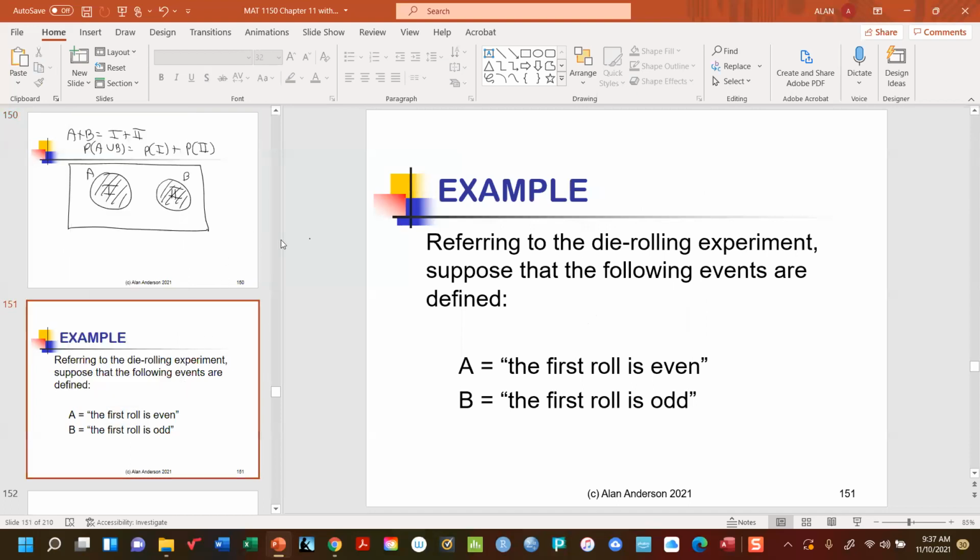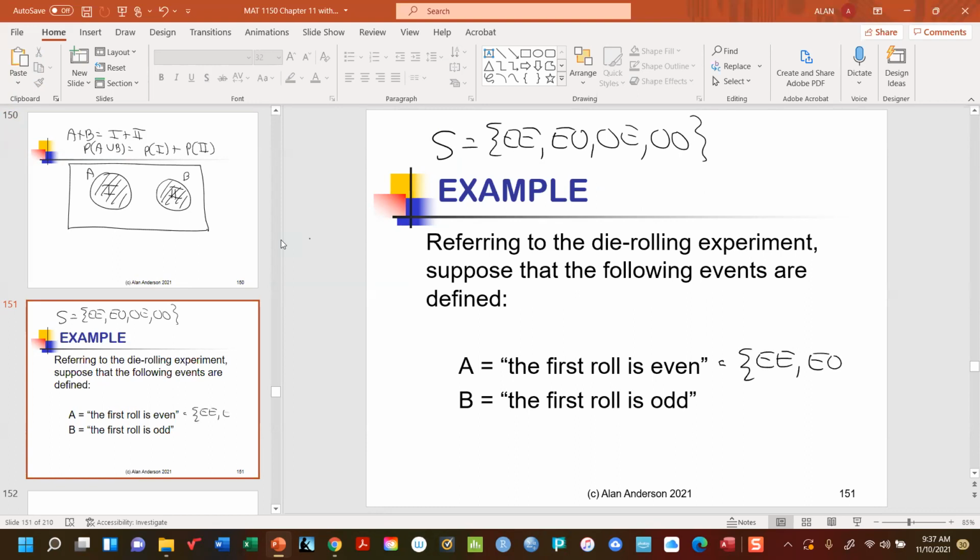All right, let's look at an example of this. Now, same thing, same sample space. A is the first roll is even. That is the events EE and EO. And now B is the event that the first roll is odd, OE, OO.